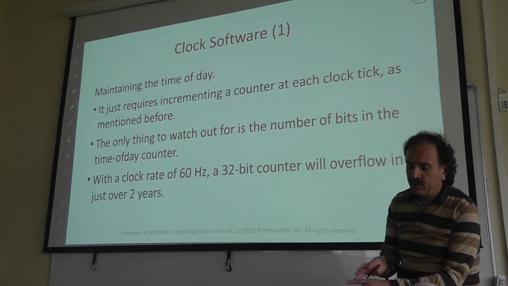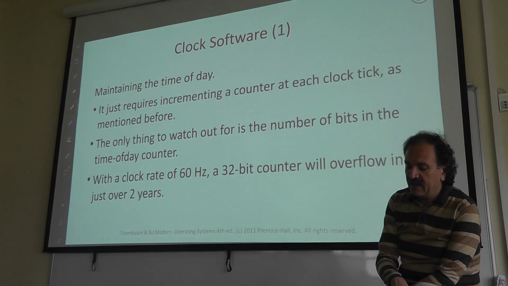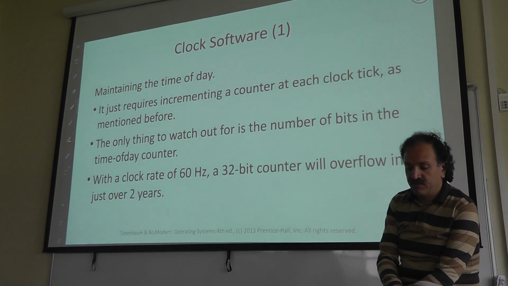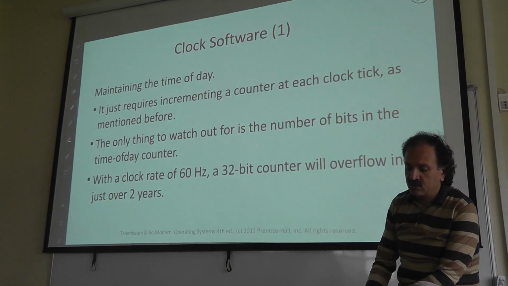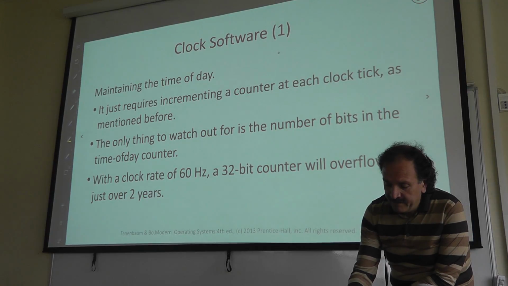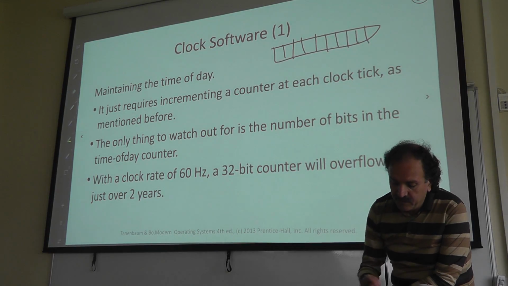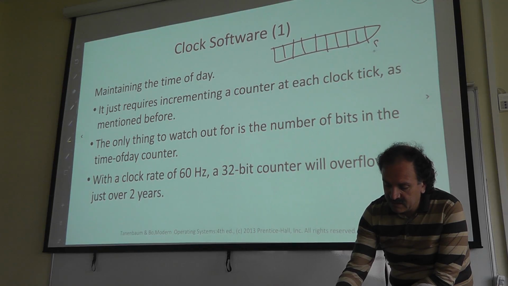Maintaining time of day is important. It requires incrementing a counter at each clock tick, as mentioned before. When the clock ticks, you increment your counter. Let's say you have a 32-bit counter that counts the number of seconds.